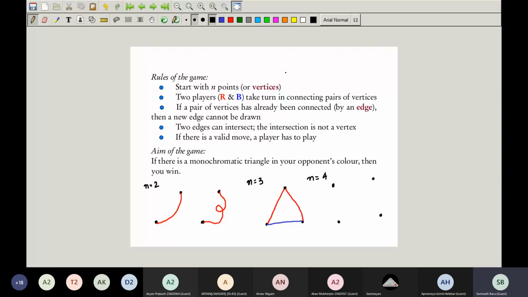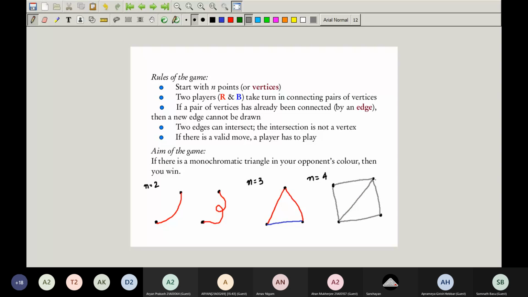So whenever I'm talking about n equal to 4, you implicitly imagine that these edges are already there, just that they are not colored. And when you're playing a move, all you're doing is coloring these edges, as if this was drawn by a pencil by somebody, and then you're just running your pen over it in your own color. So this is technically what is already there in the background. You just don't see it, but it's there.